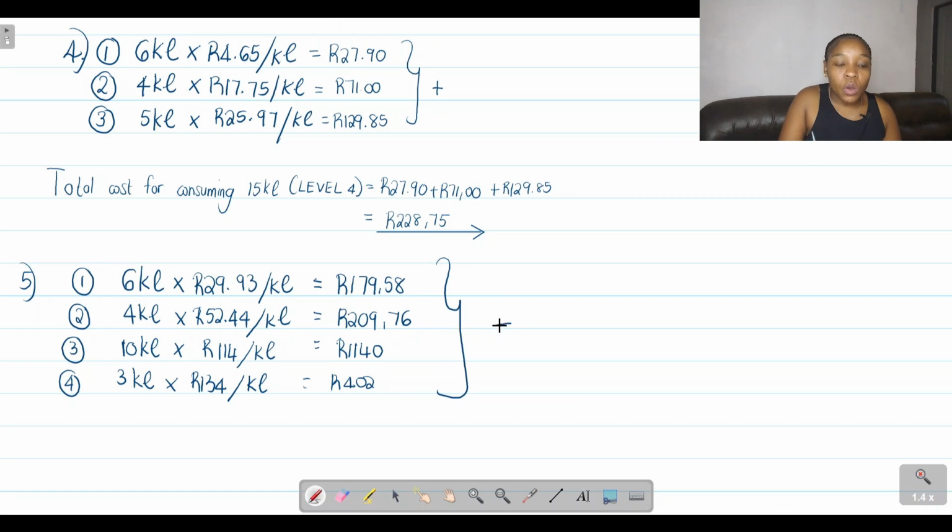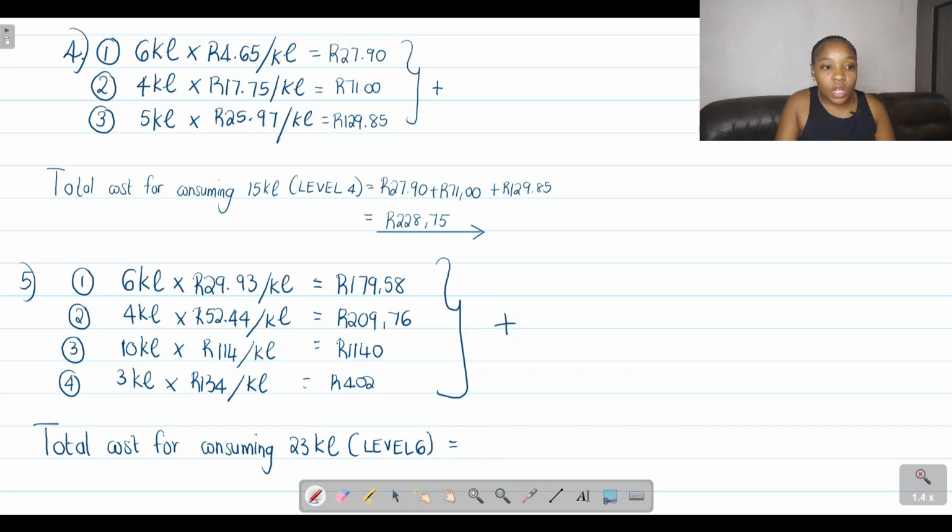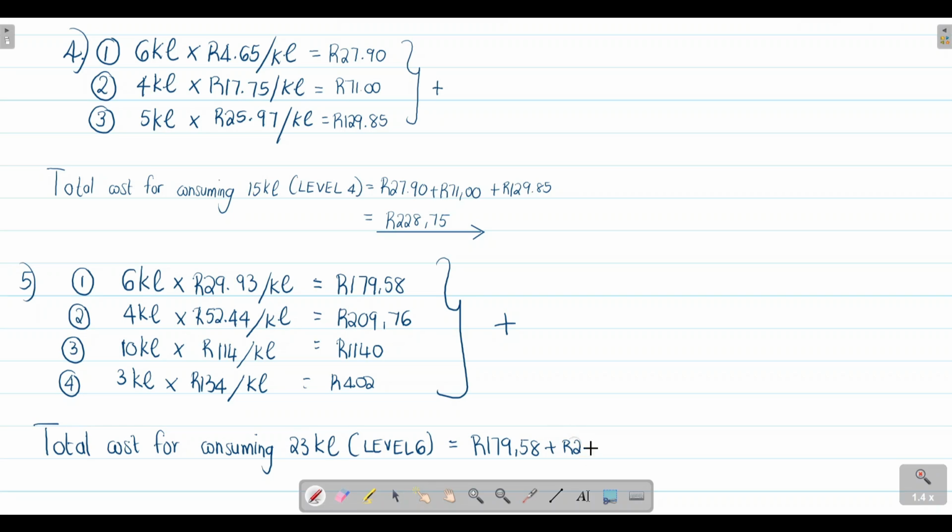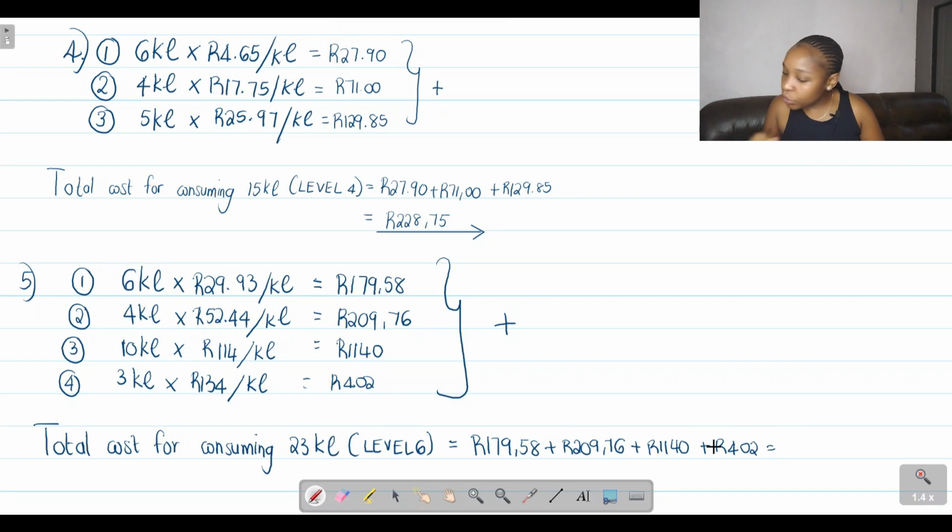If you add all of these amounts together, the total cost for consuming 23 kiloliters in level 6 will therefore be, adding up all these values together, which is equal to 1,931 rand and 34 cents.